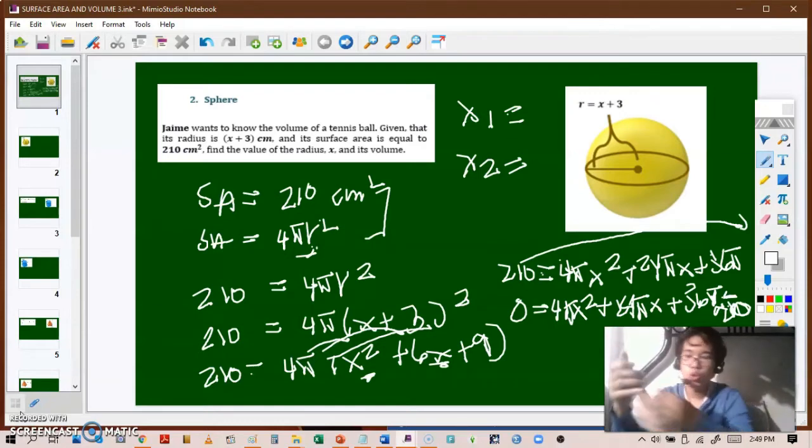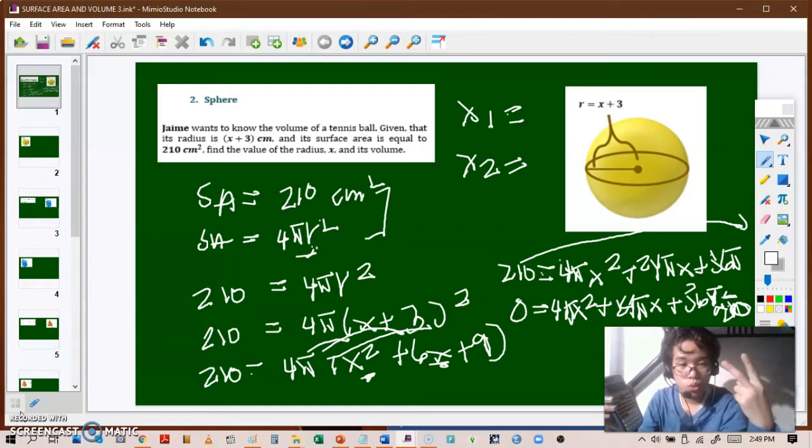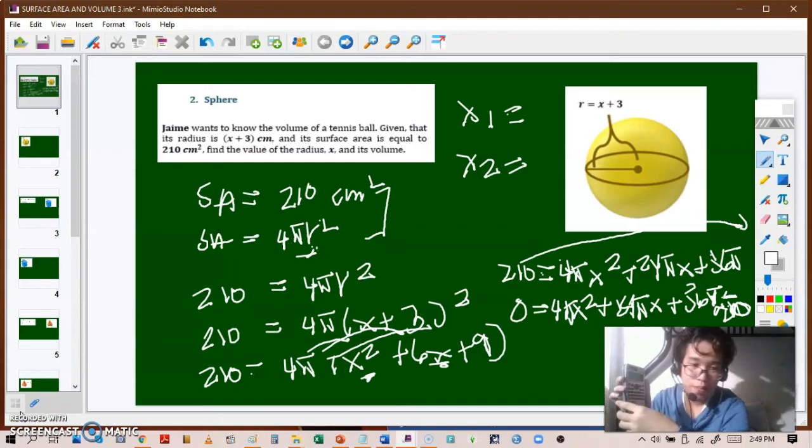To solve for the two roots of a quadratic equation, we press mode, then 5 equation, and then you press 3. Since it's a quadratic equation, you press 3. If it's a cubic equation, you press 4.